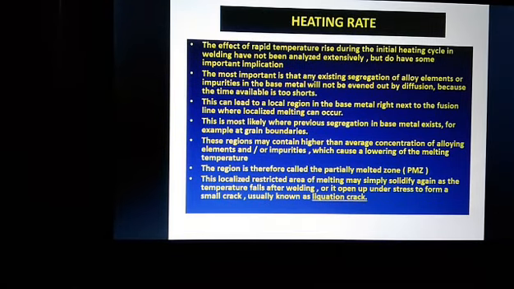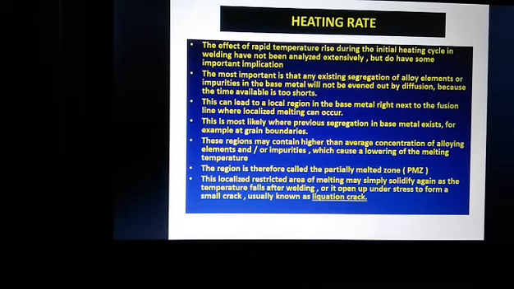Heating rate. The effect of the rapid temperature rise during the initial heat cycle in welding has not been analyzed extensively, but does have some important implications. The most important is that any existing segregation of alloy elements or impurities in the base metal will not be evened out by diffusion because the time available is too short.